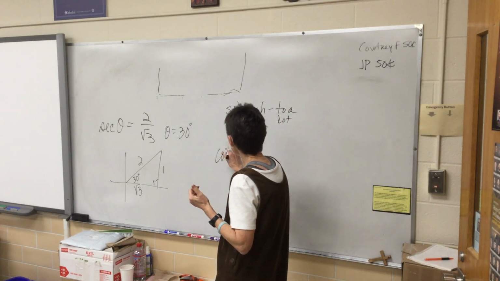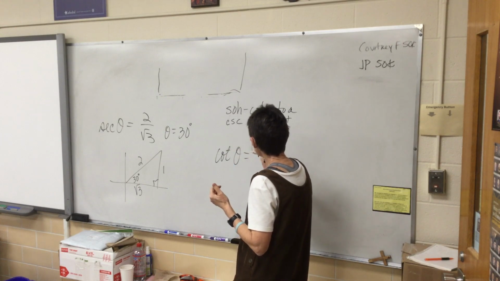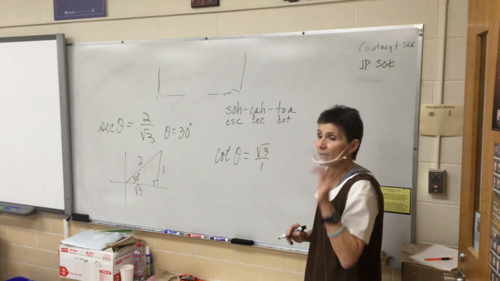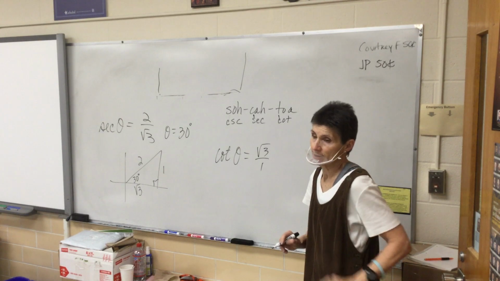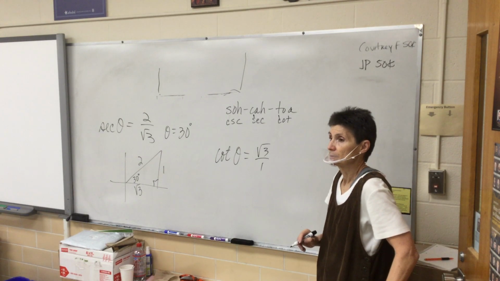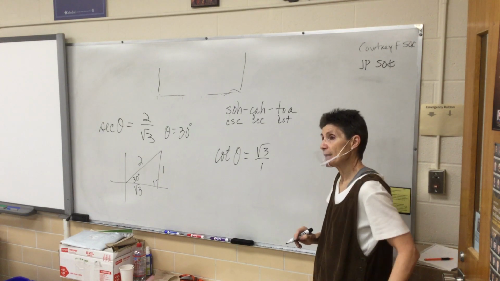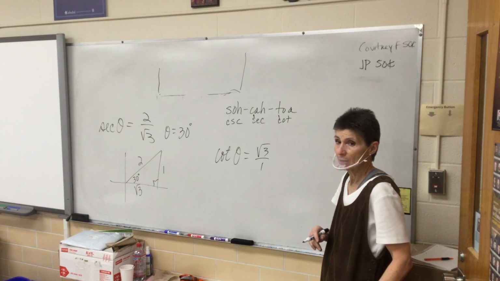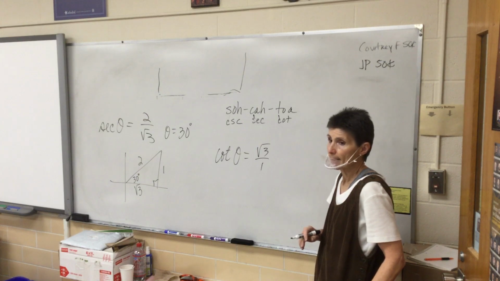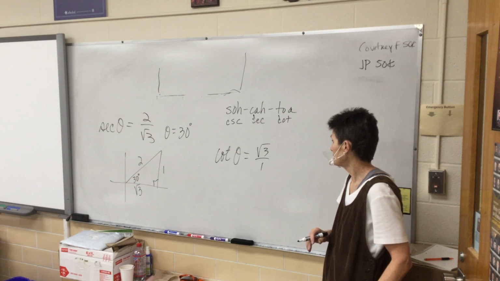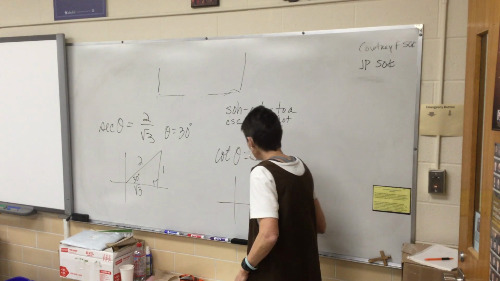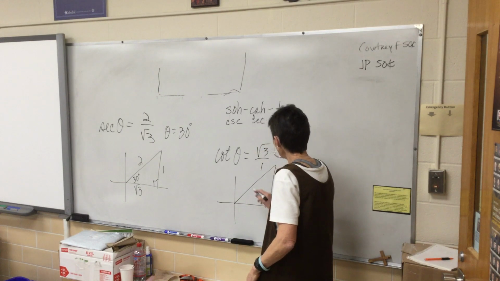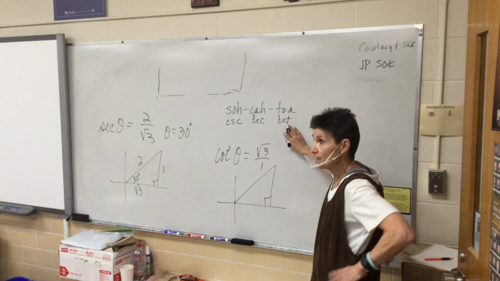And then finally, cotangent is, I'm going to write it as √3/1. They are all fractions. When you were typing them in on your calculator, you got decimals, but can't you change decimals into fractions? Yeah, they're always fractions. So, what's cotangent? The reciprocal of tangent.